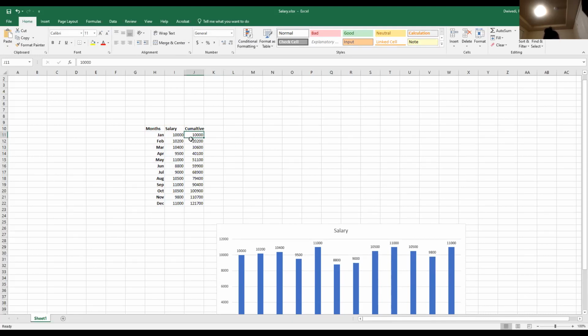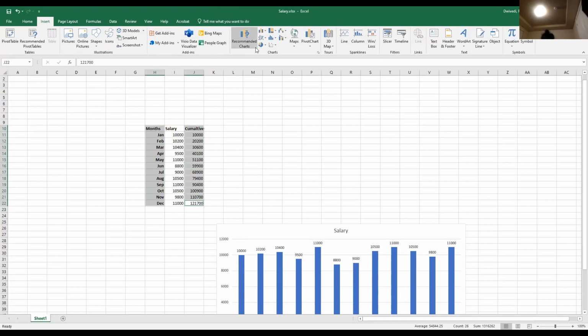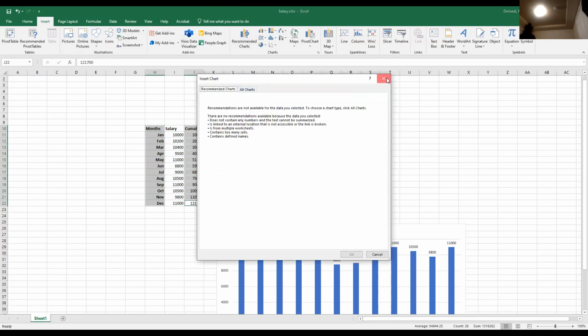So basically cumulative is the same. January by February, you receive 20,200, 30,600, and so on. Total in a year, someone received 121,000. Let me draw this distribution. Okay, so this is just for concept.